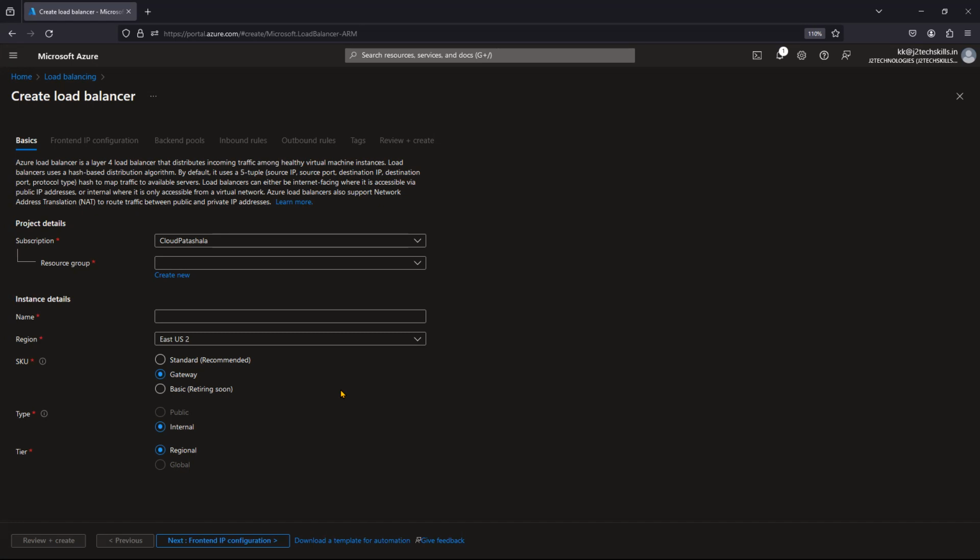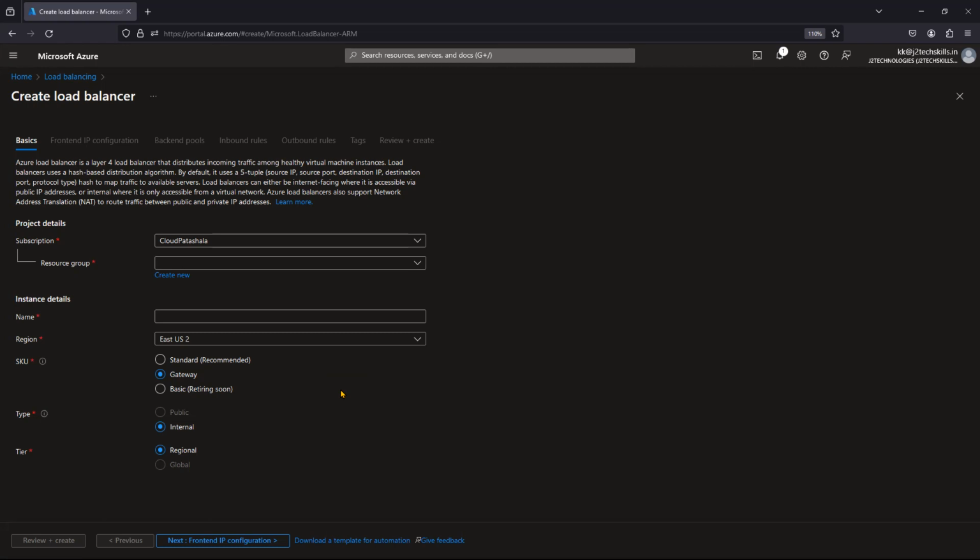Sometimes you will get the question, what type of algorithm does Microsoft use in the Azure load balancer? By default, Azure Load Balancer uses the 5-tuple algorithm. What is the 5-tuple algorithm?